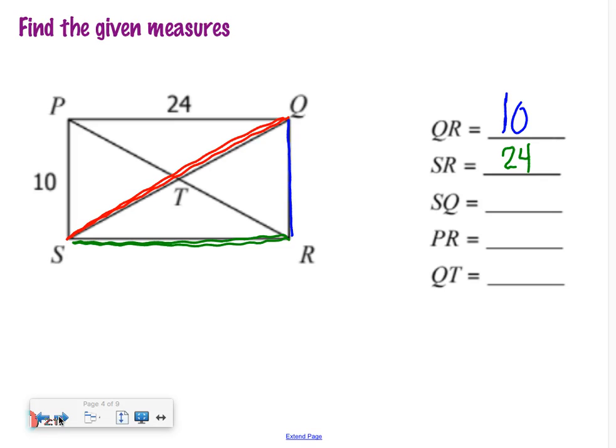Can we find the length of QS for the diagonal? Ooh, I heard it. Pythagorean theorem. What kind of an angle is this? Right, a right angle. So I can do 10 squared plus 24 squared will give me my hypotenuse. That's maybe the only thing different today, that we're going to throw in the Pythagorean theorem.